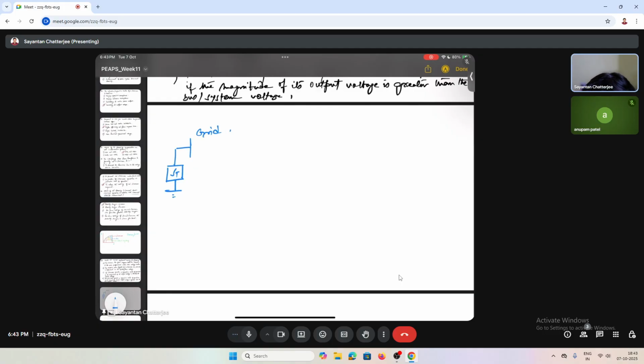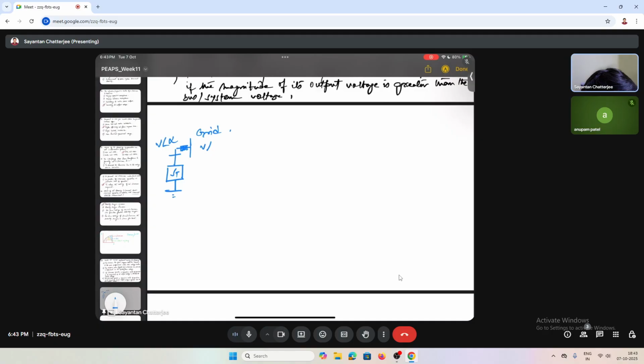This is the Statcom voltage at some angle alpha, and this is the grid voltage. And here we have some reactance or impedance.